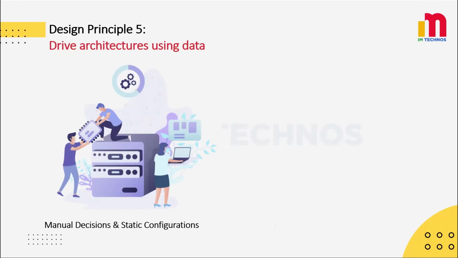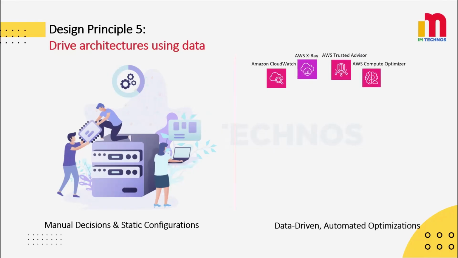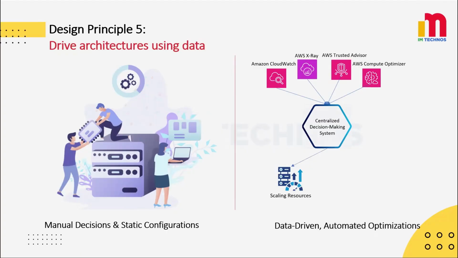For example, AWS provides services like AWS CloudWatch, X-Ray, Trusted Advisor, and AWS Compute Optimizer, which monitor performance, detect issues, and recommend optimizations. And these services feed into a centralized decision-making system, which analyzes insights and triggers automated actions such as scaling resources, performance optimization, and security enhancements.